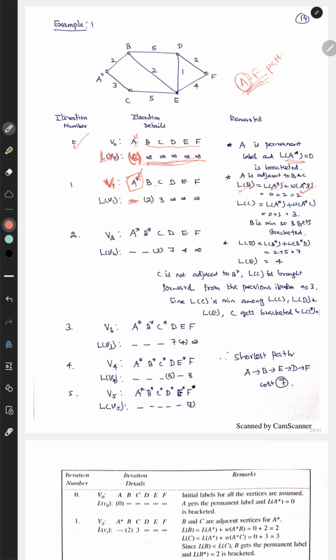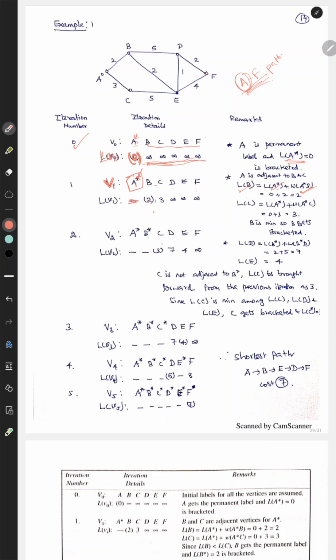Now you find what label this removed vertex gives to the remaining vertices, and if that label is less than the previous label, you replace the label for these vertices, and then you repeat the process. Find the minimum value, bracket it, remove the vertex once you go to the second stage, and again do the same process.